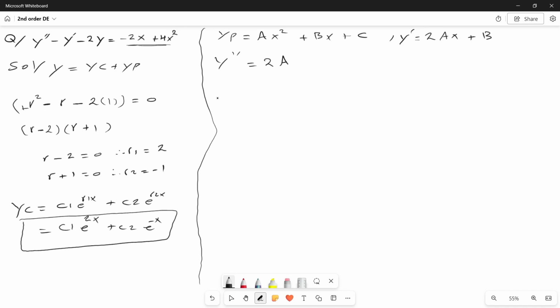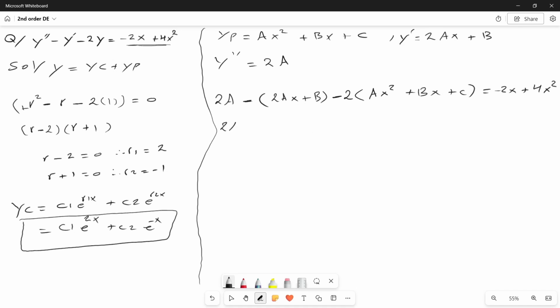So we have 2a minus (2ax plus b) minus 2(ax squared plus bx plus c), and that is equal to negative 2x plus 4x squared.